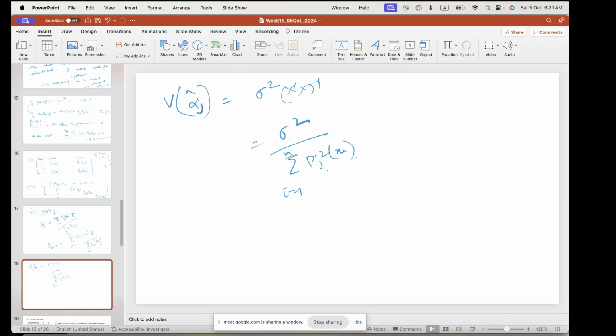So how do I get sigma square? Sigma square hat will be actually the mean square error, or rather ms residuals of the model.